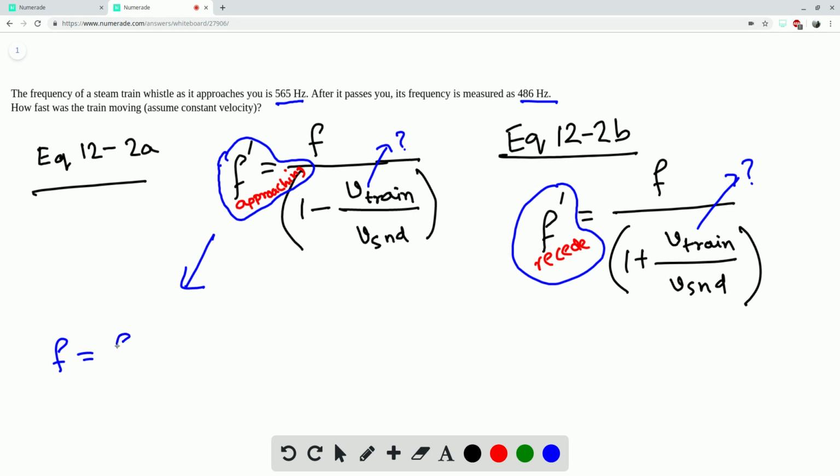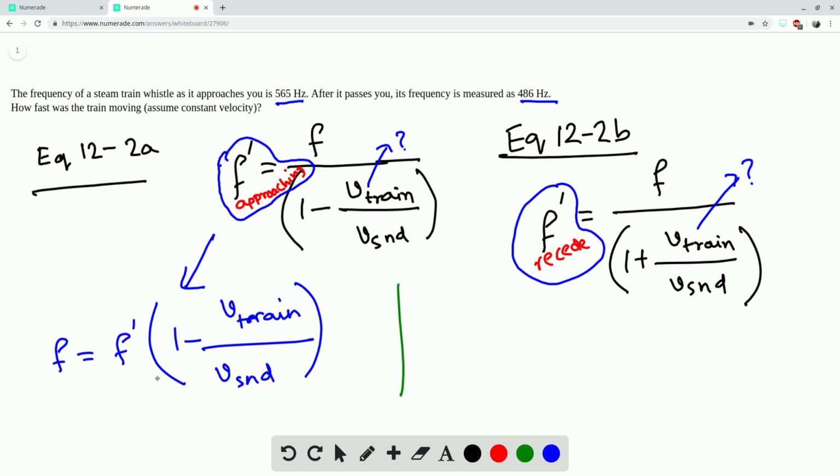So that's going to be f prime, then 1 minus the velocity of the train over the velocity of the sound wave. And for this guy, let's write approach, and for this guy, let's write recede.